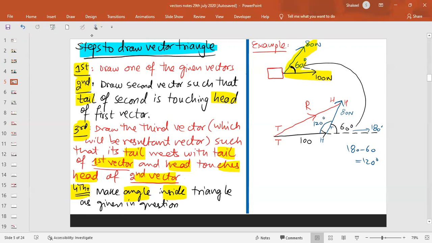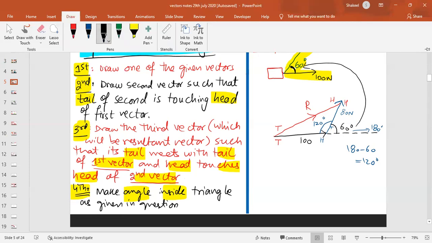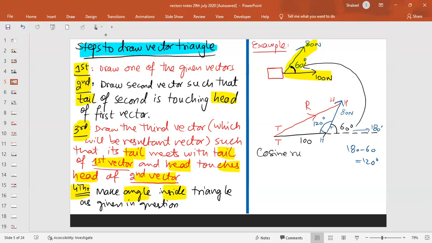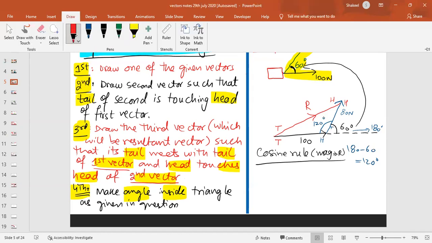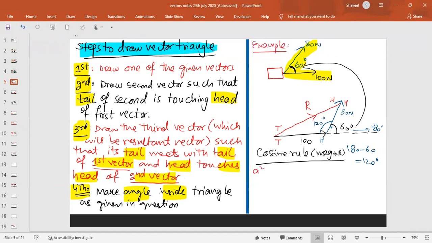And now what you have to do is you have to use cosine rule. You have to apply cosine rule for the magnitude of R. So what is cosine rule and how do we apply that? Cosine rule is a square equals b square plus c square minus 2bc cos A. So let's apply it over here. R square is 100 square plus 80 square minus 2 into 100 into 80 into cos 120.